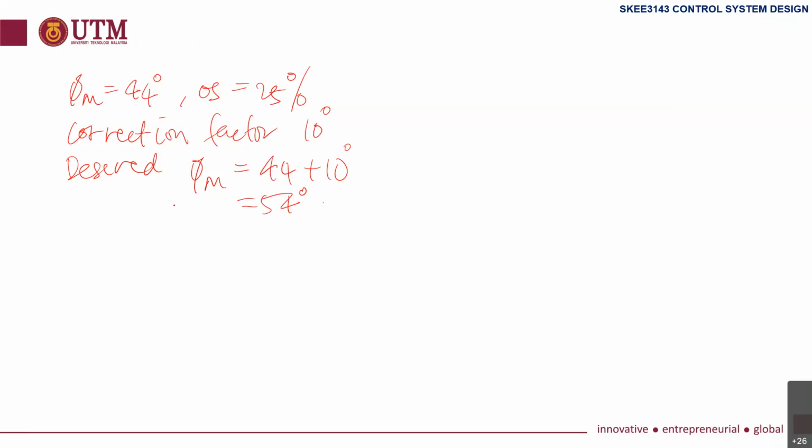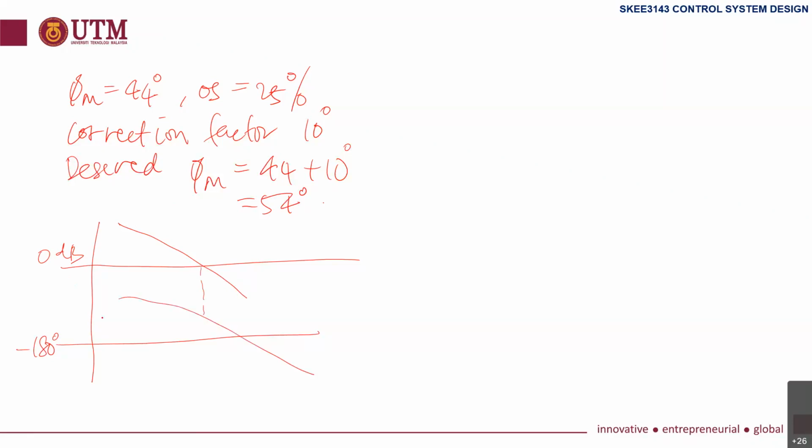If I plot here, what that means is 0 dB here, 180 degrees. That means here at 0 dB we want the phase margin of 54 degrees.